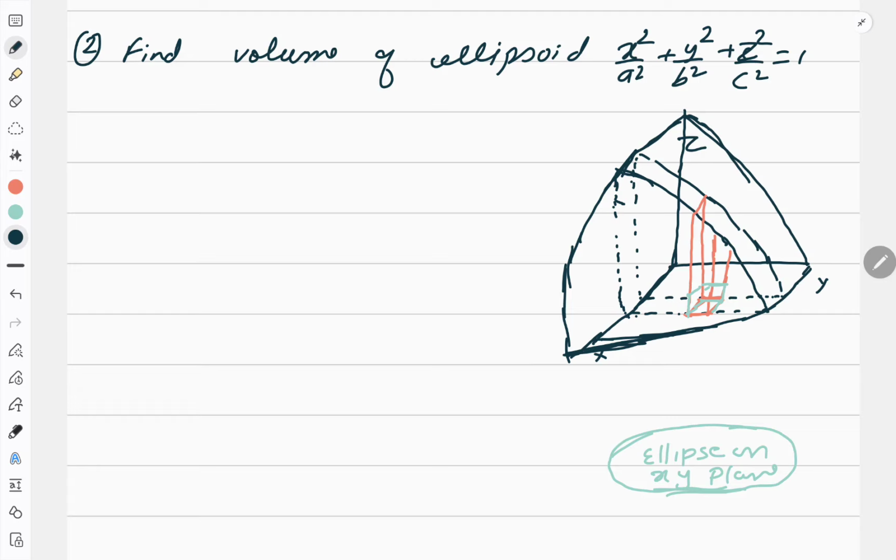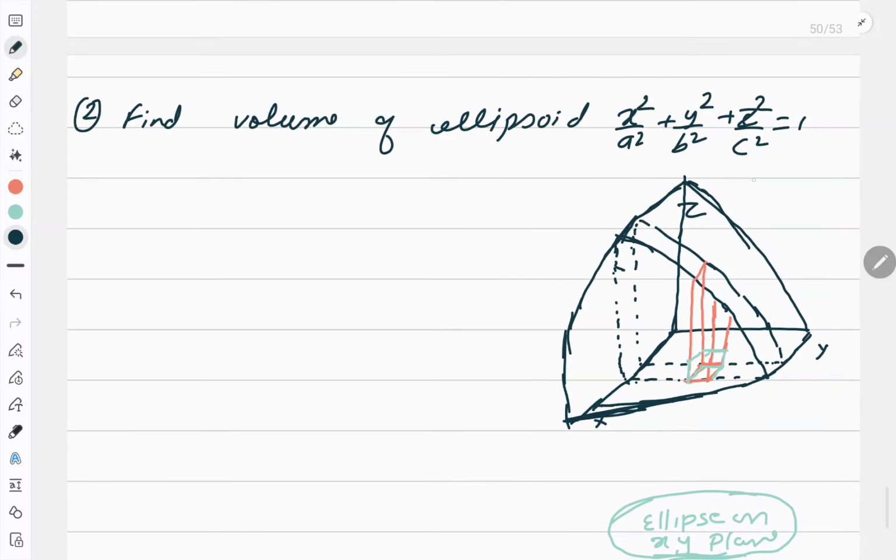And z varies from where to where? From here you should find out the value of z. 1 minus x square by a square minus y square by b square. That will be the limit of z. Then the y limit will be in terms of x, and the x limit will be constant, because on the xy plane, on the base, we have an ellipse, right?